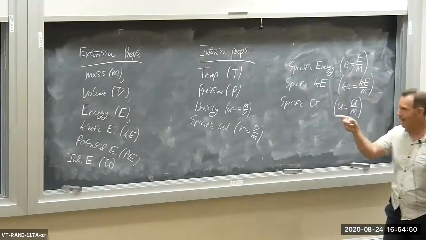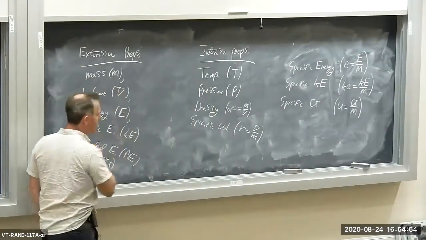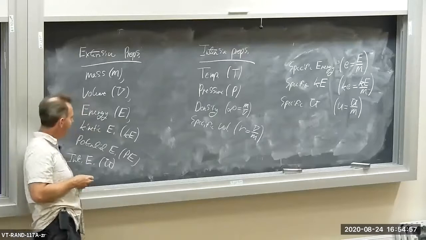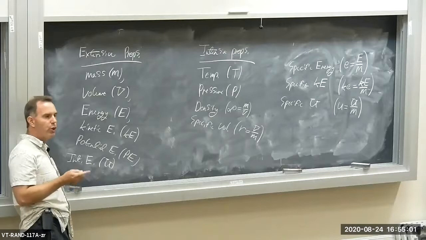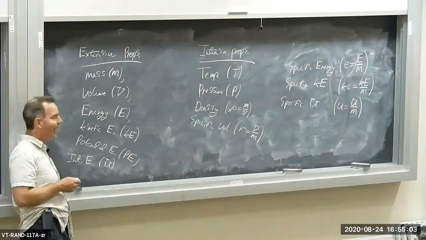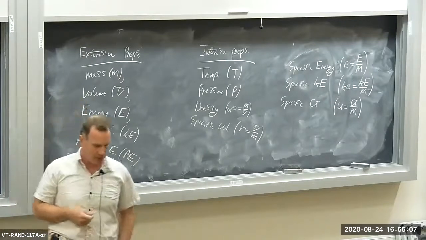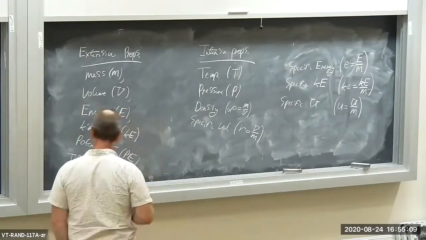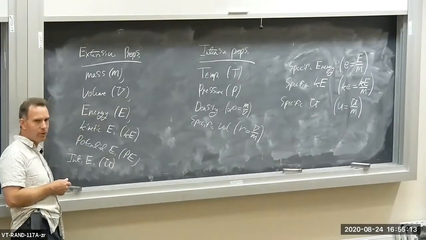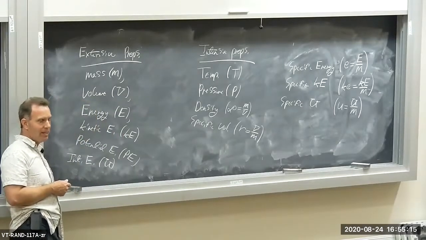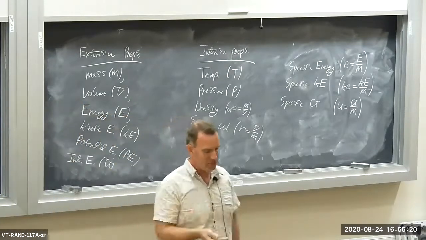We can take any of these extensive properties divided by the mass of the system, and we get an intensive property with the word specific tacked onto it. You give me the energy of the system and the mass, I divide the energy by the mass, and I get specific energy. E is the total energy, which is internal, kinetic, and potential.